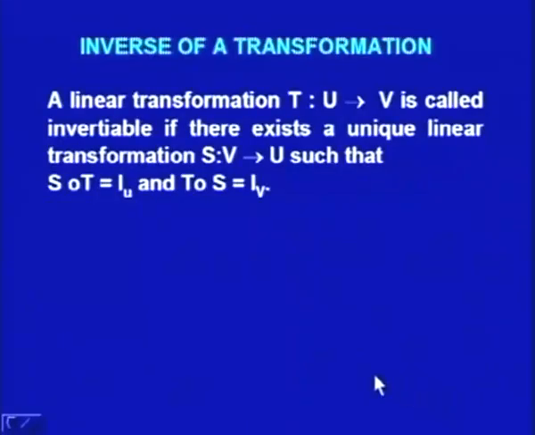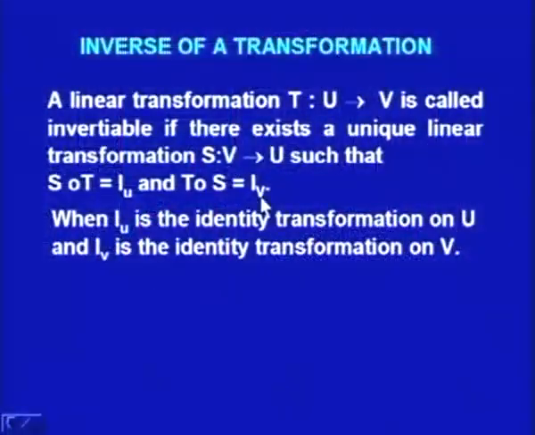Now, we come to the inverse of a transformation. A linear transformation T from the vector space U into V is called invertible if there exists a unique linear transformation S from V into U such that S composite T is the identity of the vector space U and T composite S is the identity of the vector space V. Both these things should be satisfied.